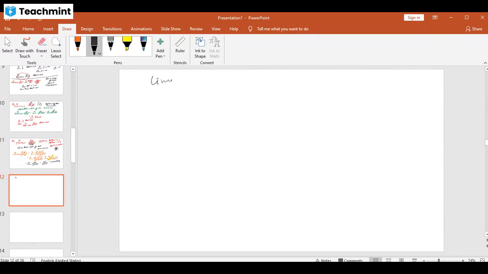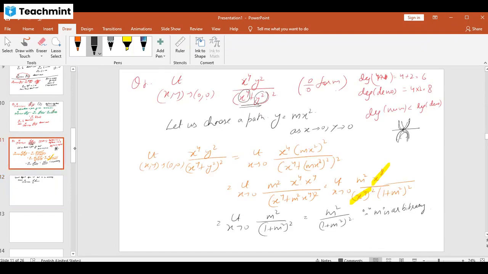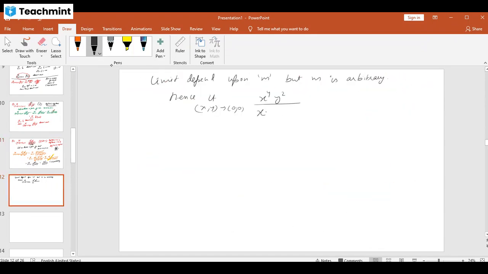Hence, the limit as (x, y) approaches (0, 0) of x power 4 y square upon (x power 4 plus y square) whole square does not exist.